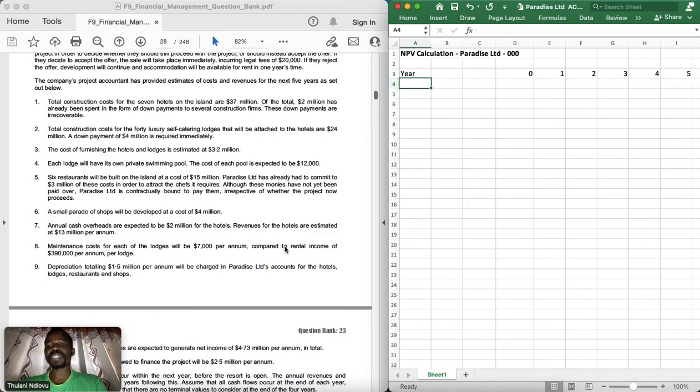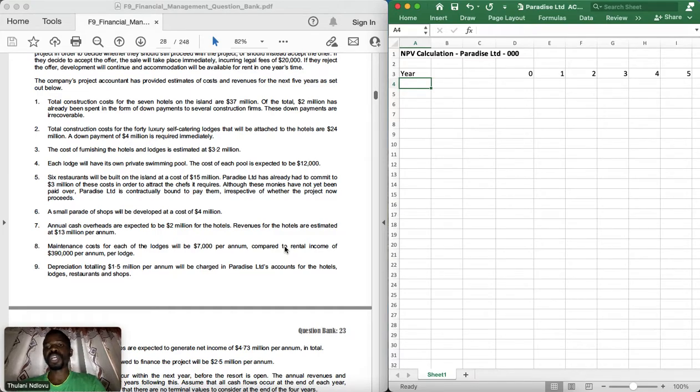These down payments are irrecoverable. So before making the decision, the company has already spent 2 million as down payments which are irrecoverable. These are also past or sunk costs, so they will not be included in the NPV calculation. Therefore, 37 million minus the 2 million sunk cost, the relevant cost will be 35 million.